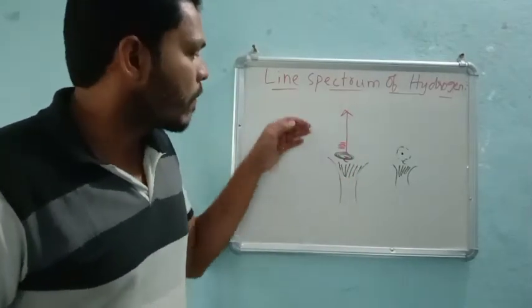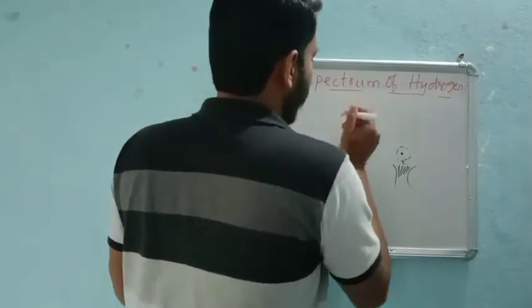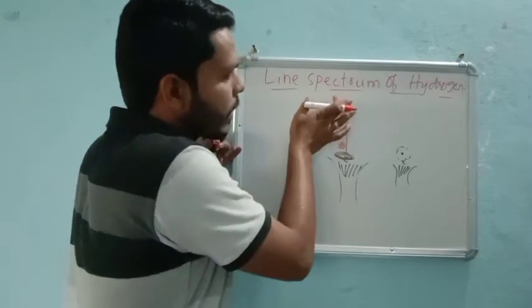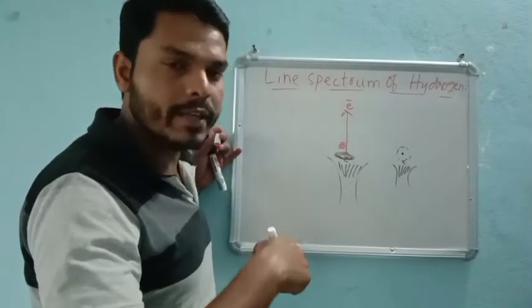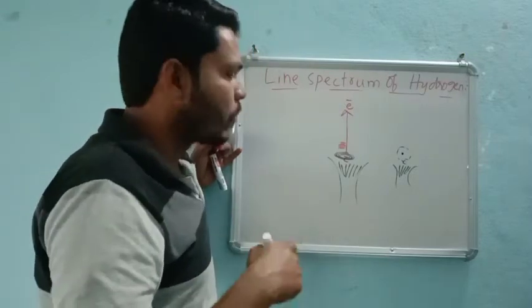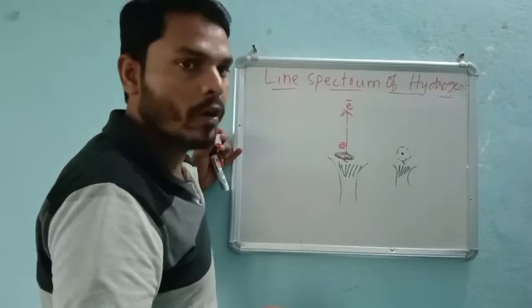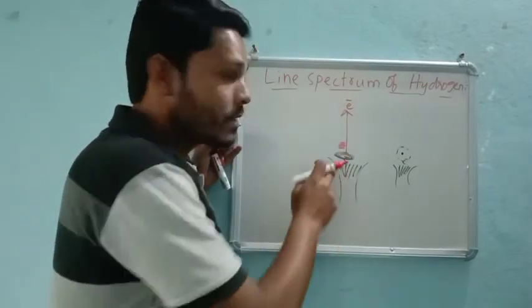Now the electron came over here. Why did the electron come? Because we have provided external energy. So that electron is jumping from lower energy to higher. The matter will not jump, just the electron.